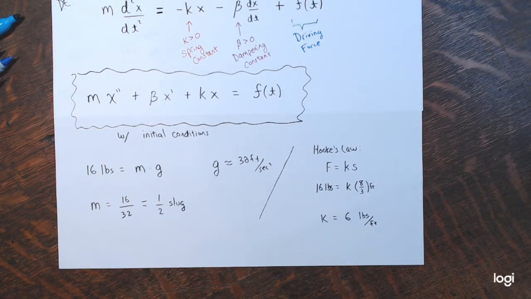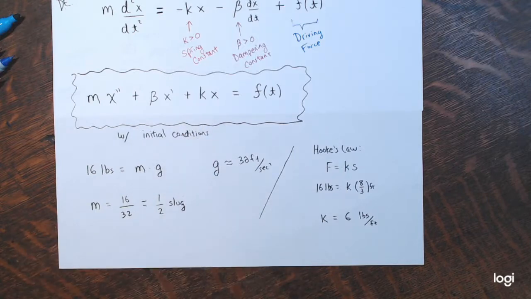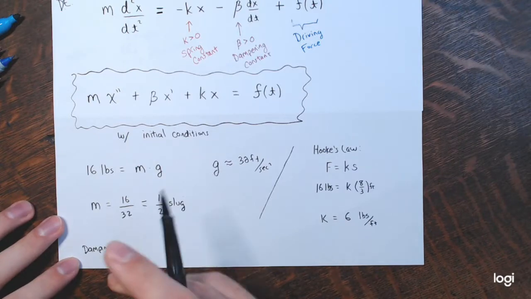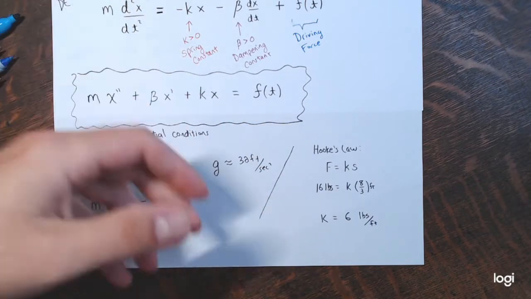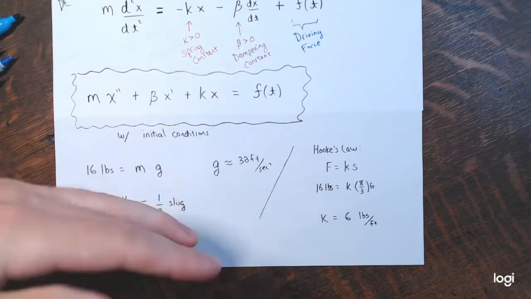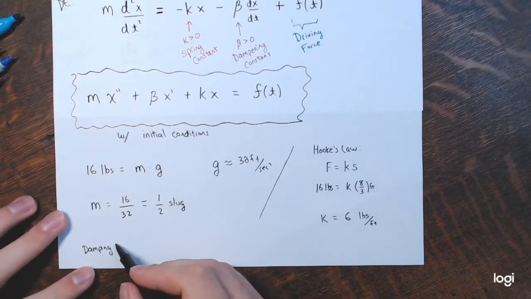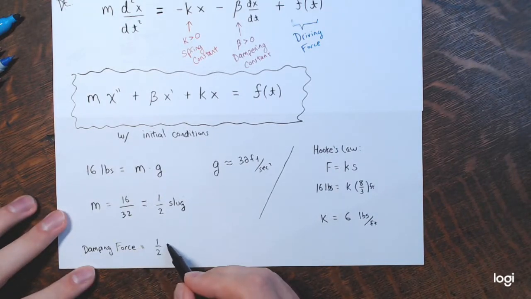So I've got m is a half, k is 6, and finally the beta. Well, they told us, right? They told us that the mass will be going back and forth through maybe some liquid or some medium, and the medium it's going back and forth through offers a damping force that is equal to half the instantaneous velocity, which is dx/dt.